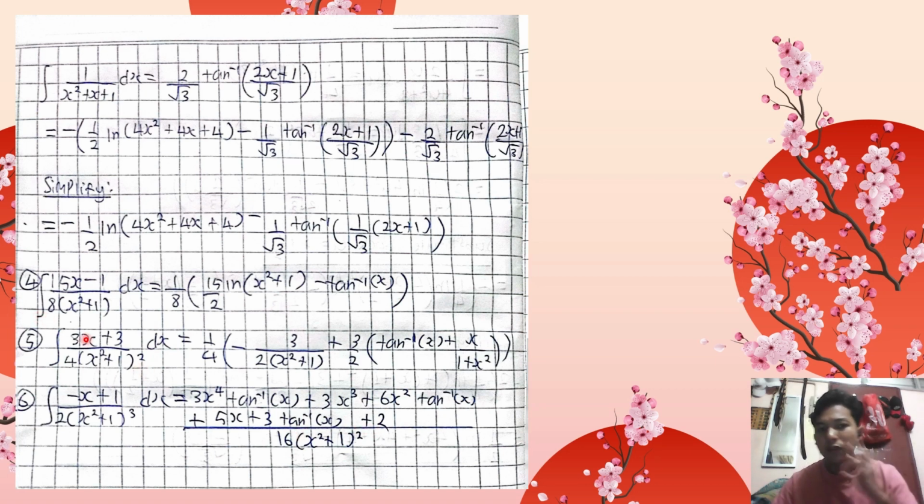For questions 4, 5, 6 here, I didn't show how the flow goes specifically because it would take too long to spend time showing all the steps step by step.